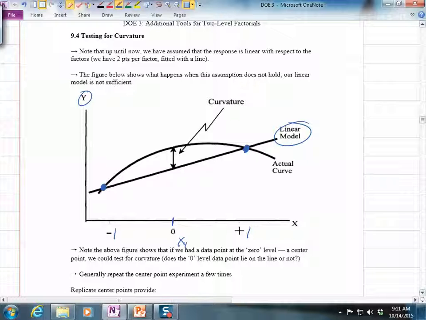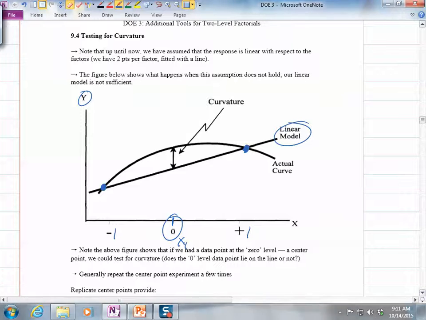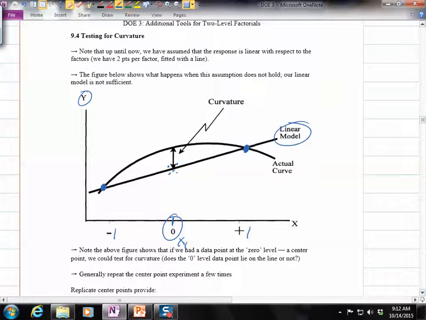So then what are we going to do? We're going to set x1 at its middle value, and we're going to do some experiments, and we're going to get a few data points. So if we get the data points and they come out here, we would probably say, well, that falls out on the line. That linear model is okay, right?